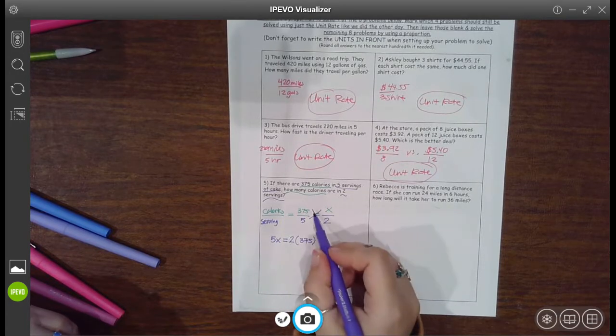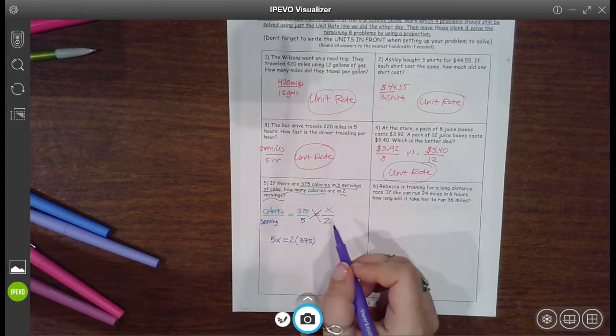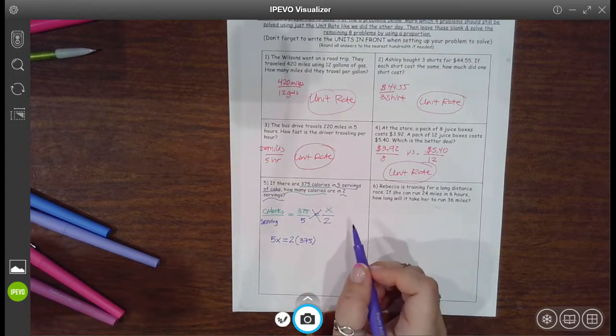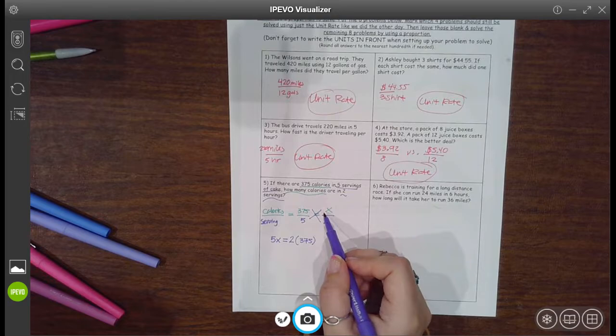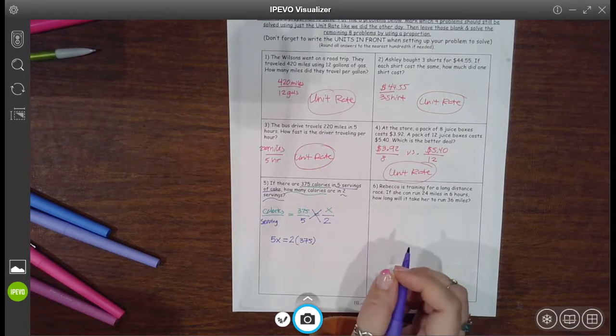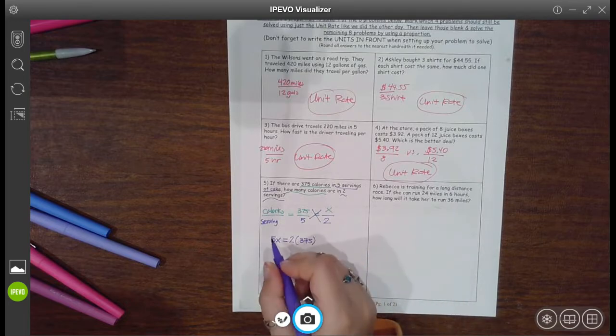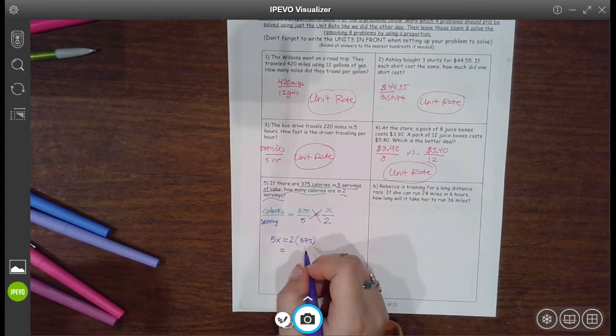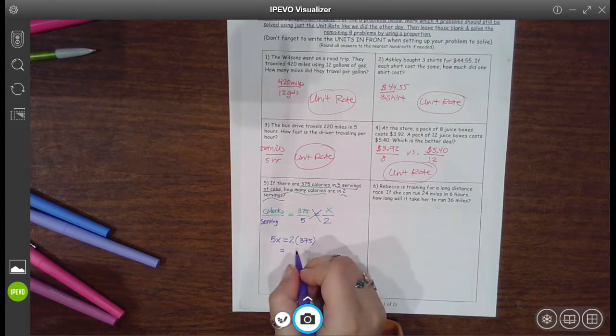Okay, so again, whatever's diagonally across from each other, you set those to be multiplied together. So 5 is going to get multiplied with x, and you're going to set that equal to 2 multiplied by 375. Okay, well, I can't simplify this side anymore, but on this side, 2 times 375 is 750.